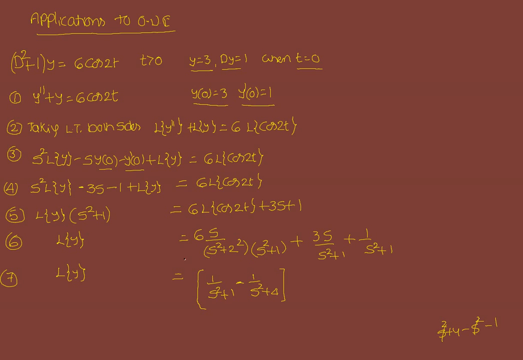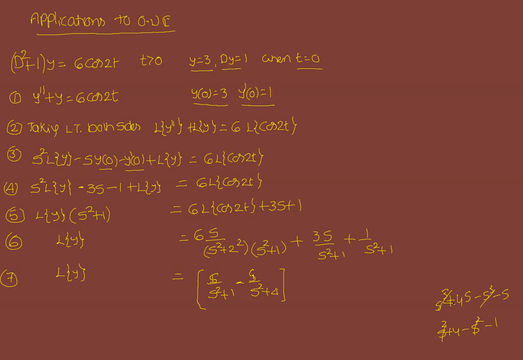How much do we require? The numerator is 6s, so it is better to take s by something. So what happens, s³ + 4s minus s³ minus s.